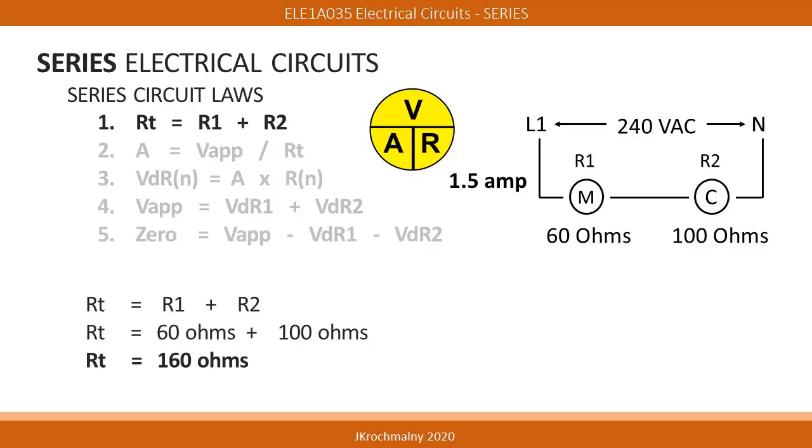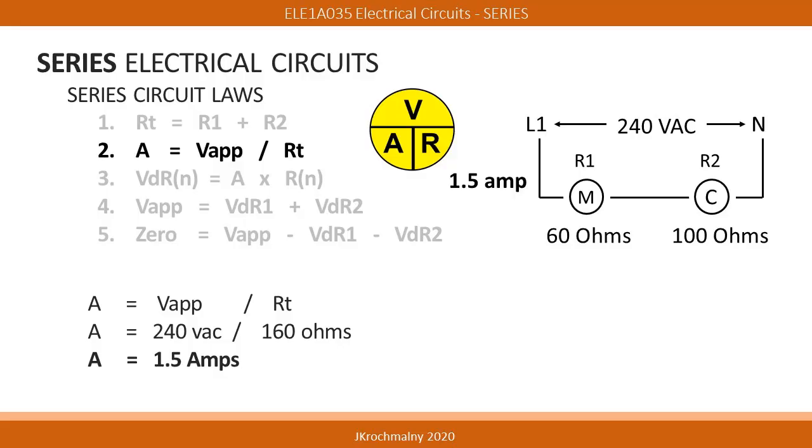We'll look at the resistance total of this circuit first. RT equals R1 plus R2. Adding these 2 load resistances together, R1 equaling 60 ohms and R2 equaling 100 ohms of resistance, we get 160 total ohms of resistance.